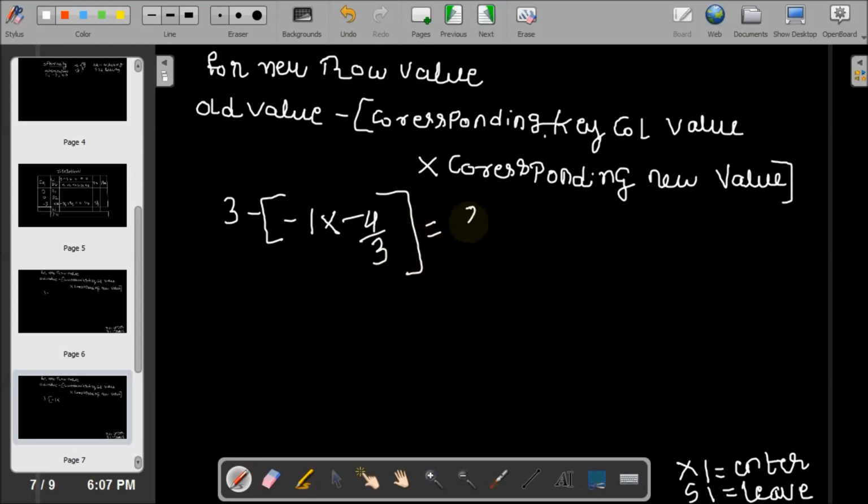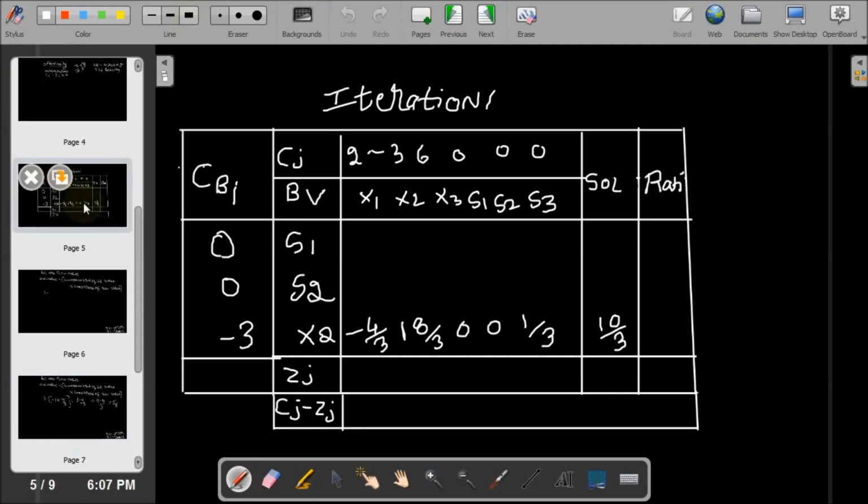If I take LCM, 9 minus 4 by 3, so obviously it will be 5 by 3. So this is my new value of the first element of S1. So I can write 5 by 3 here.